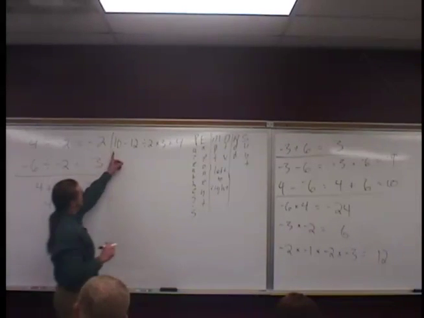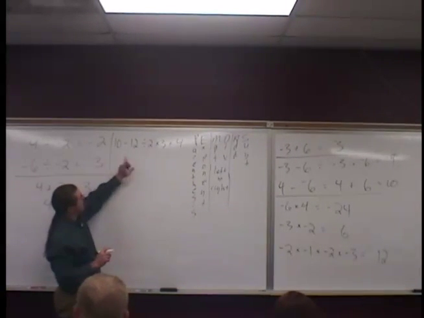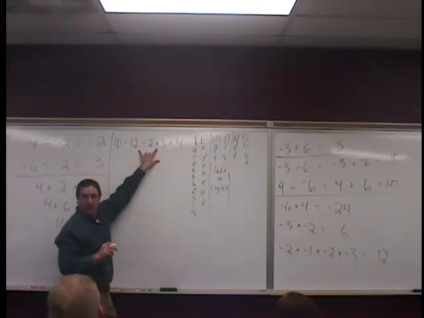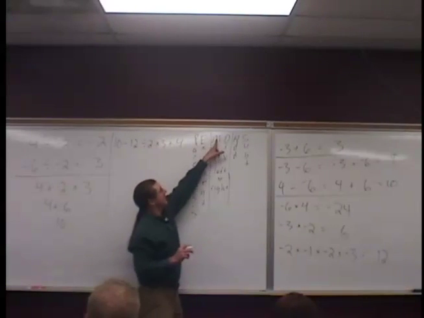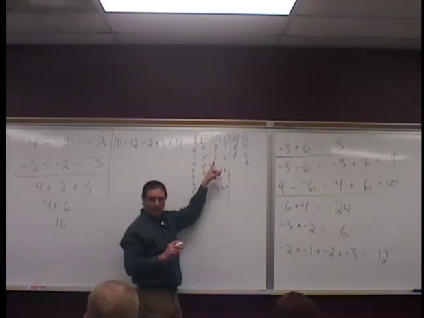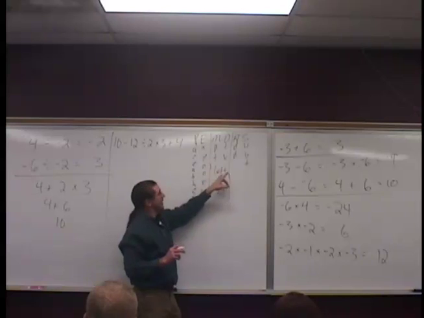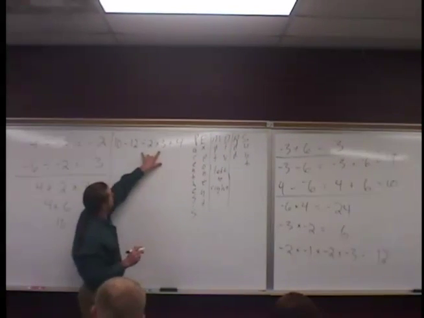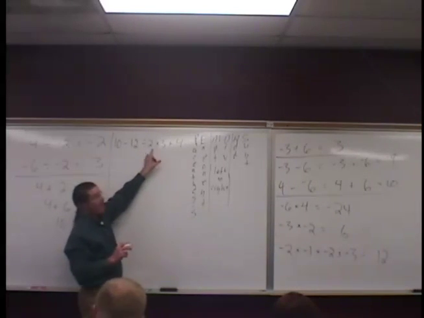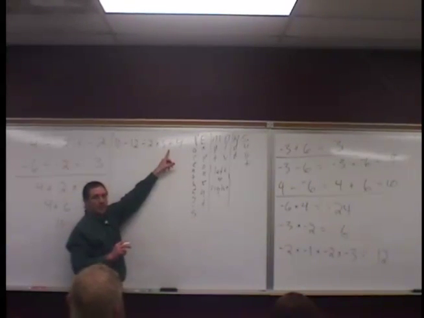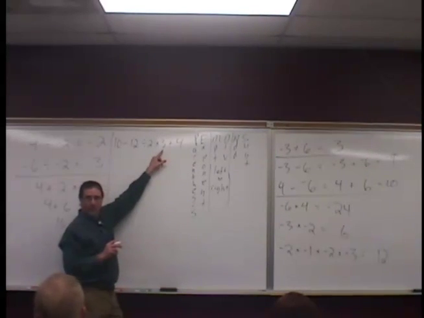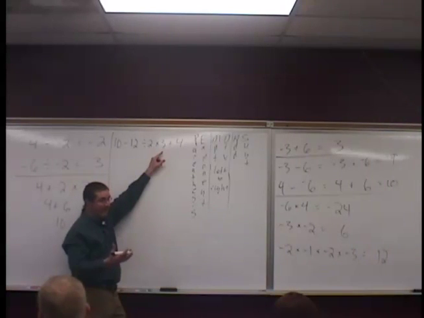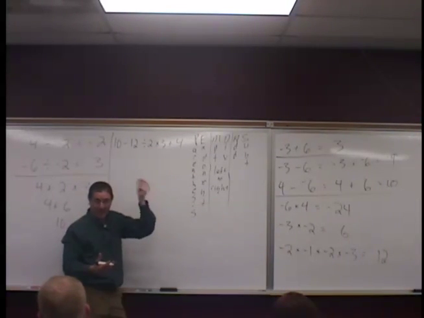So we're looking at this expression and we're saying, okay, what do we got to do first? We got to do the multiplication and division first. The M technically shows up first in this phrase, PEMDAS. Multiplication and division are the same level. So when you have these multiplications and divisions occurring all at the same time, you have to go left to right. Do not do the 2 times 3 first because multiplication is easier. That's wrong. In your brain, that's what you're going to do because you guys can multiply in your heads easily.